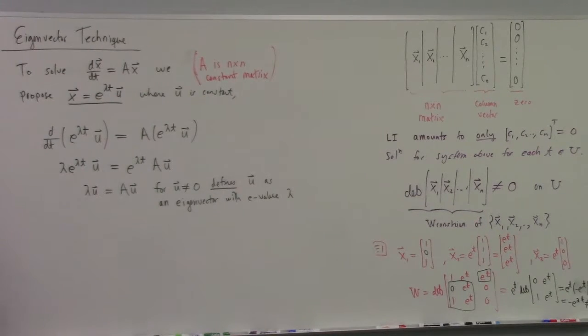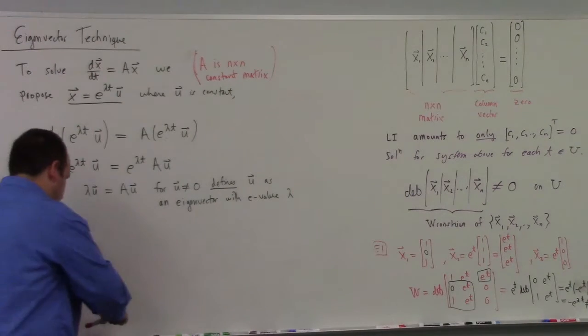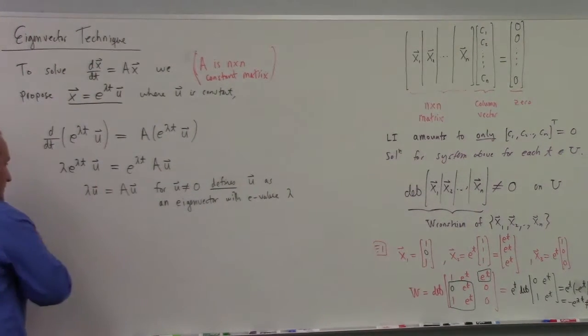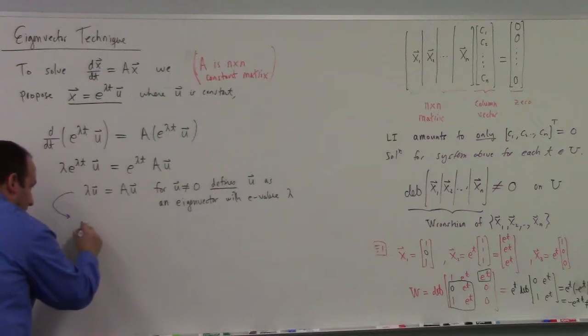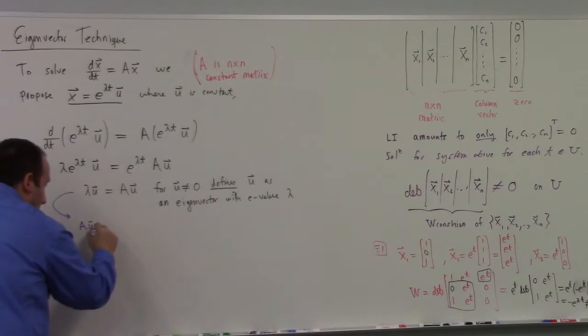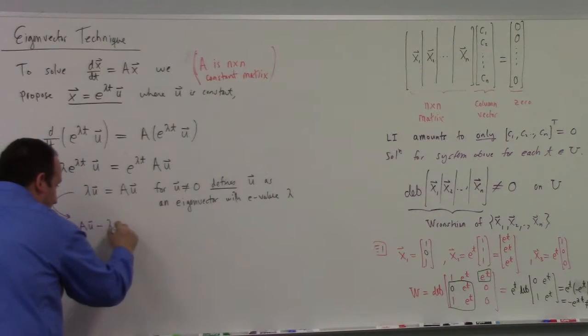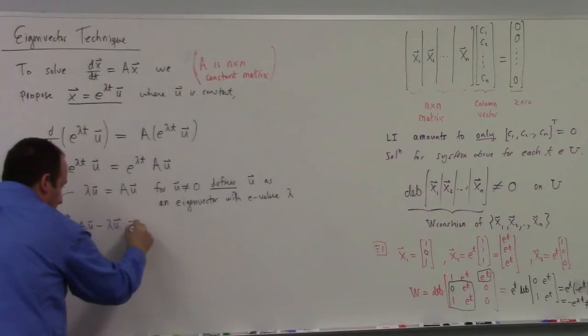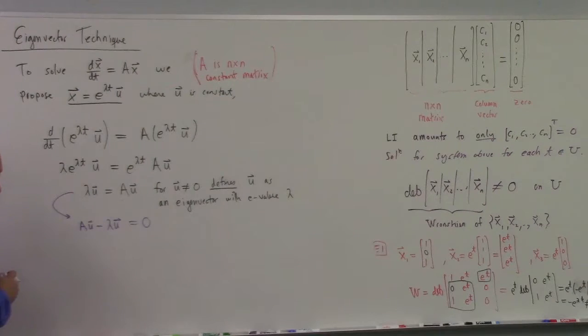I need to show you guys a little bit more linear algebra for us to appreciate the structure of this. So this is really the same as Au minus lambda u equals 0, right?